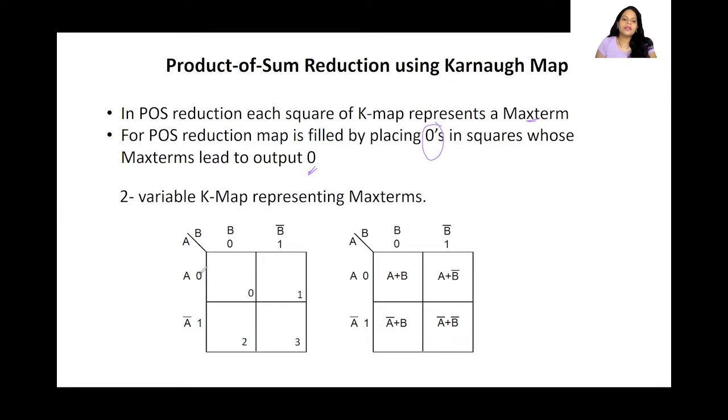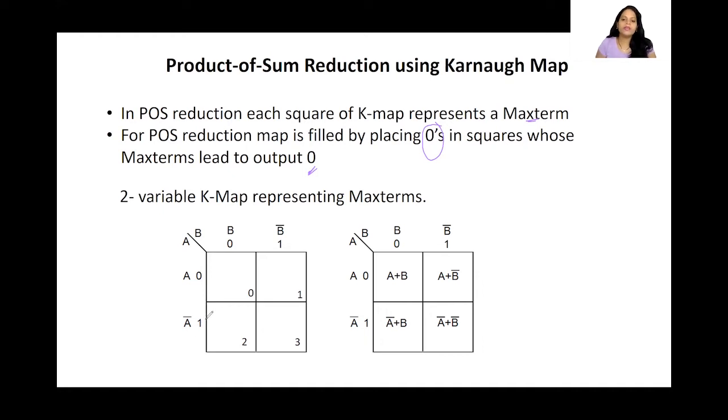See here, the values 0 and 1, 0 and 1, the box values, everything is the same, except whenever the value is 0, we are taking it as A, not the complement. In the sum of product, we were taking a 0 value as the complement of a given variable, isn't it? So whenever there is 0, we are taking it as the variable itself, but whenever it is 1, we are taking its complement.